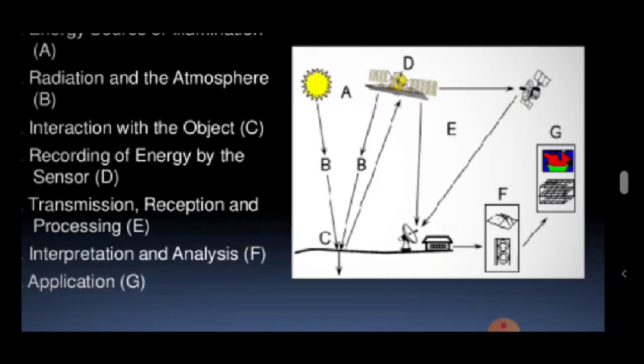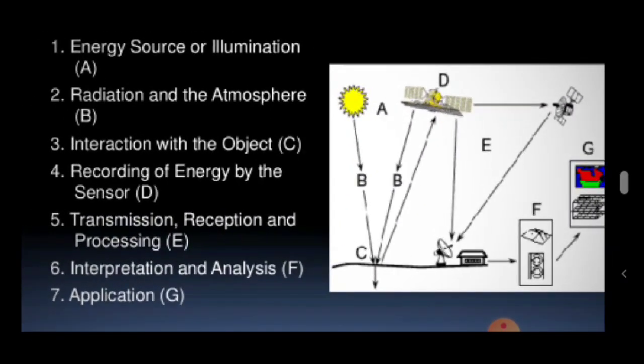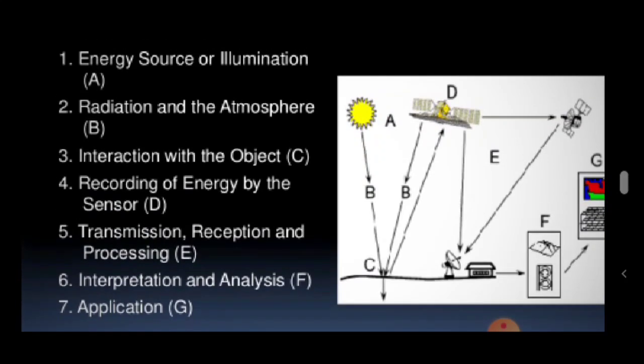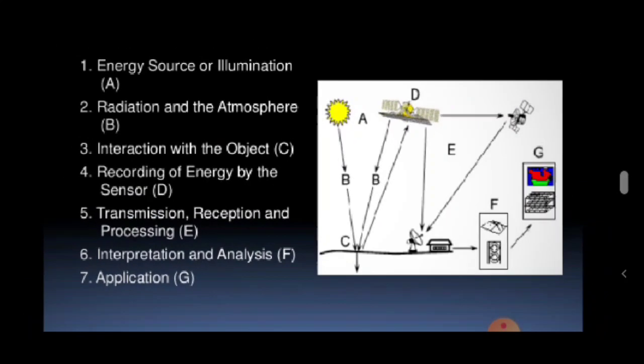So reveal some new information regarding that problem. It will be done by the application. So here these are the elements regarding the process of remote sensing. You can pause and take a screenshot if you need.